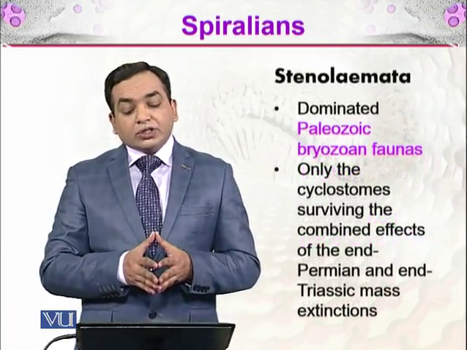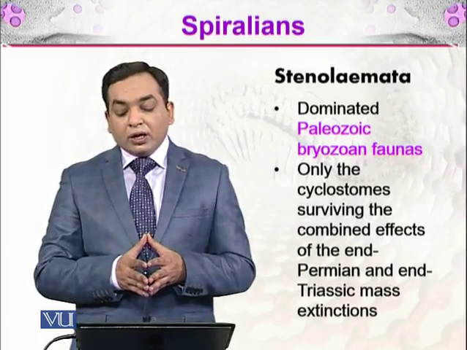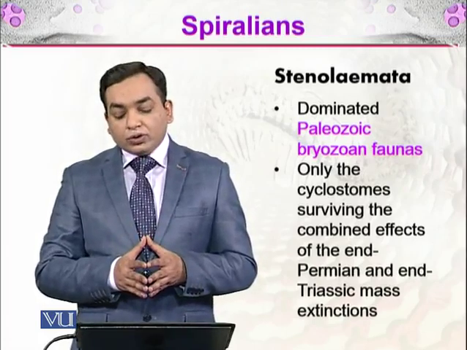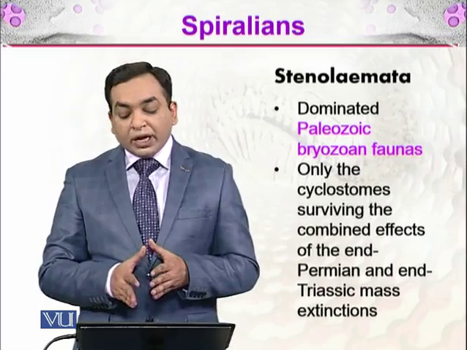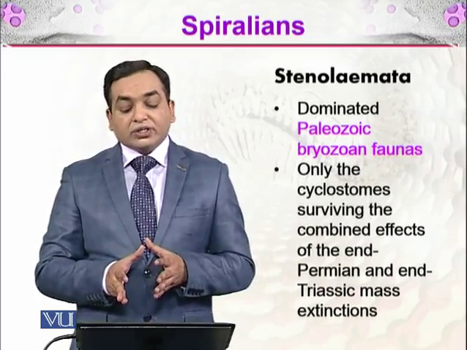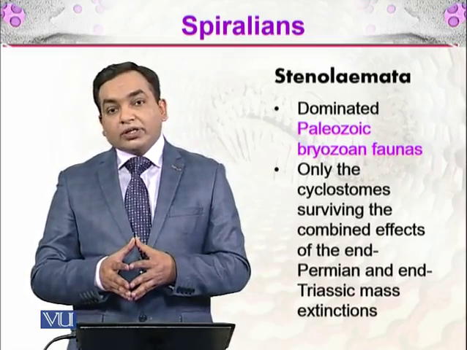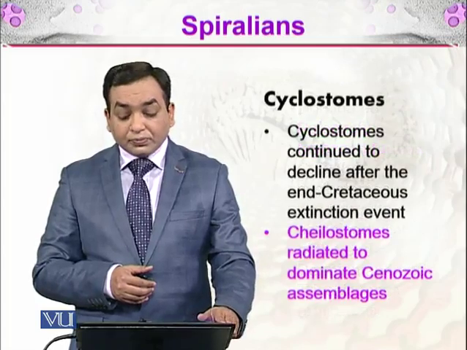And then there come the stenolaemates. They dominated the Paleozoic bryozoan faunas. And these are the only cyclostomes that survived the combined effects of the end-Permian and end-Triassic mass extinctions. So these are the members of the cyclostomatids that survived both extinctions.